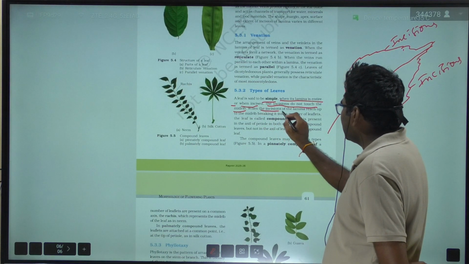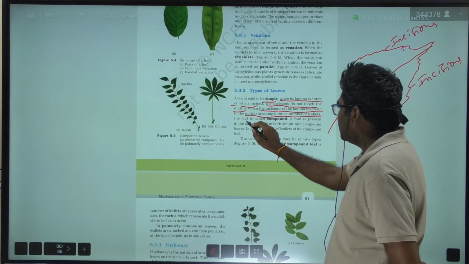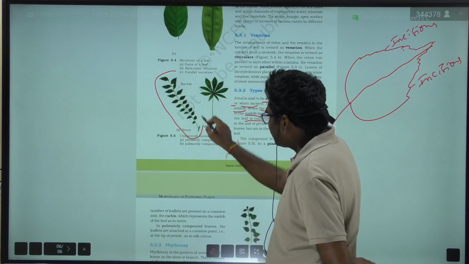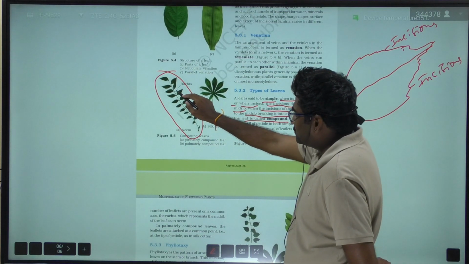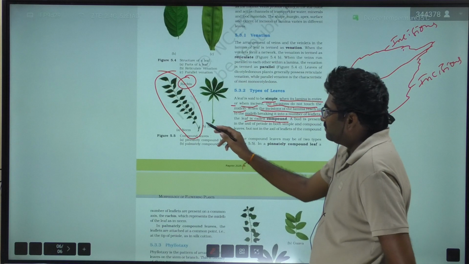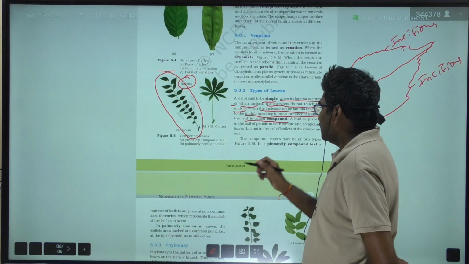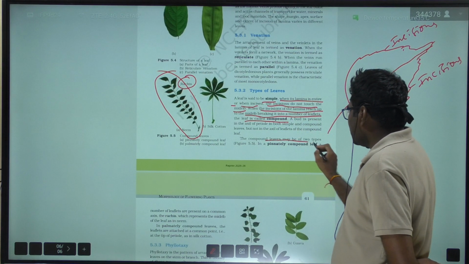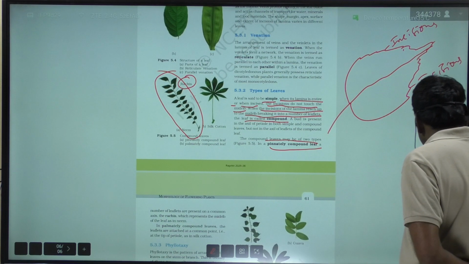When the incisions of the lamina reach up to the midrib, breaking it into a number of leaflets, the leaf is said to be a compound leaf. That compound leaf is found in the neem. Here the midrib is known as the rachis. The compound leaves may be of two types: pinnately compound leaves as well as palmately compound leaves.